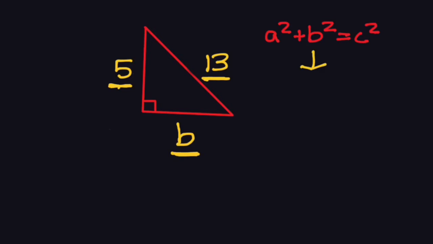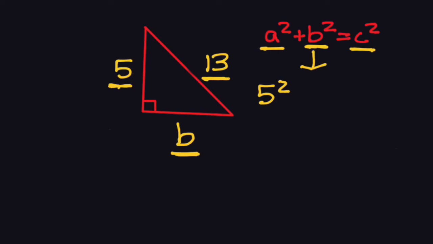So we'll do the same thing as we did in the last problem. We'll plug in each side for a variable. But in this case, b squared is going to say unknown, since we don't know what the side length of b is. And we can plug in a squared and c squared into our equation. So a squared can become 5 squared, since 5 is now equal to a. We're making 5 equal to a.